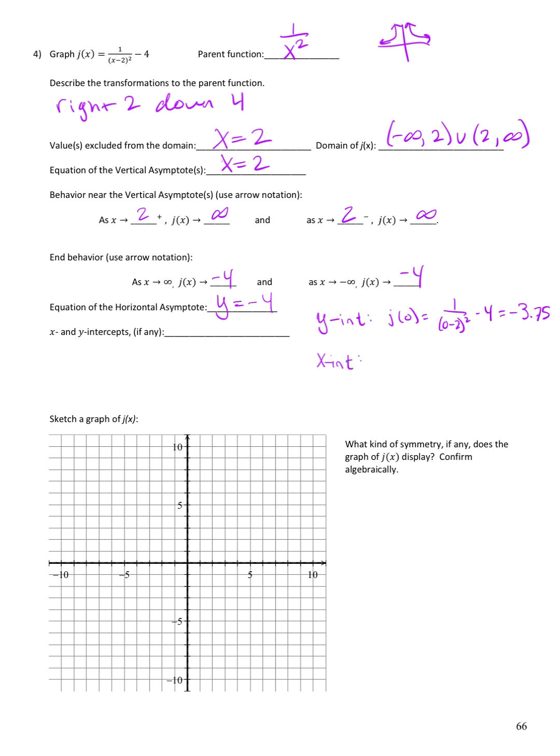And then to find x-intercepts, I make y 0. So I'm going to have 0 equals 1 over (x minus 2) squared, minus 4. And I'm going to try to solve this for x. So I'll add 4 to both sides. So I get 4 equals 1 over (x minus 2) squared. Maybe cross multiply.